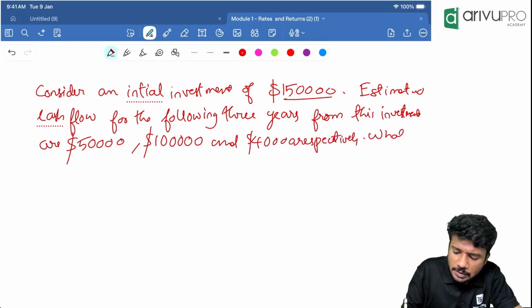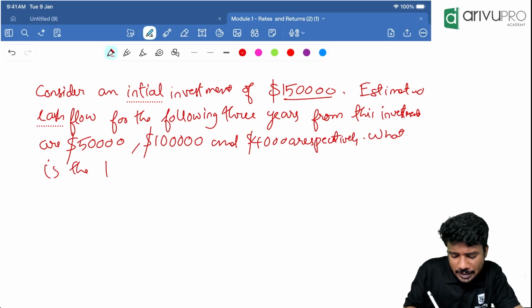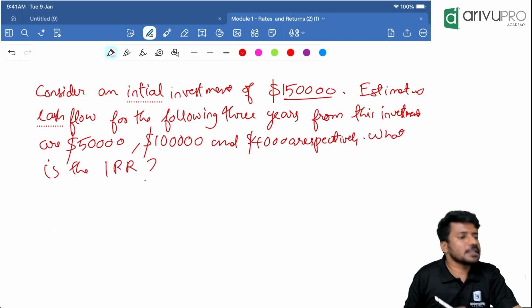What is the internal rate of return? That is the question.